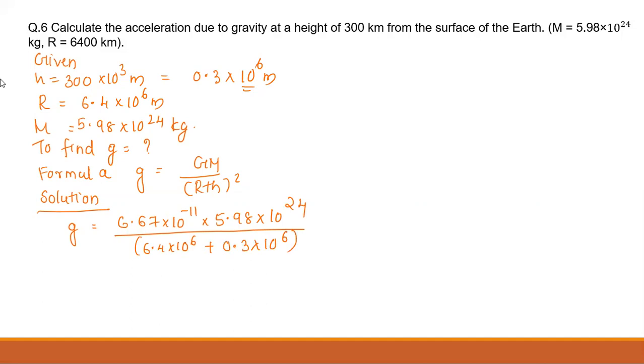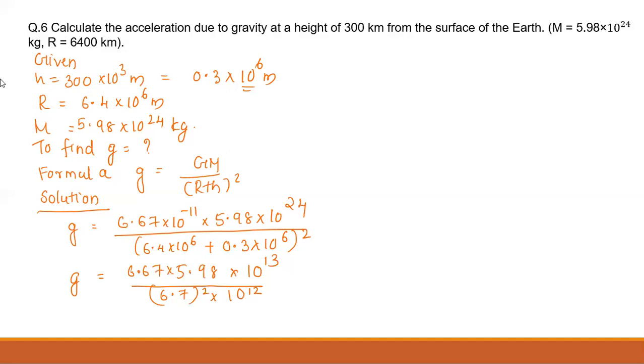Okay, 0.3 plus 6.4 is 6.7 will come in the denominator, the whole square. Okay, that is g is equal to 6.67 into 5.98 into 10 raised to 24 minus 11. We will get 10 raised to 24 minus 11 is 13 upon 6.4 plus 0.3 is 6.7 the whole square into 10 raised to 6 raised to 2, that is 10 raised to 12.